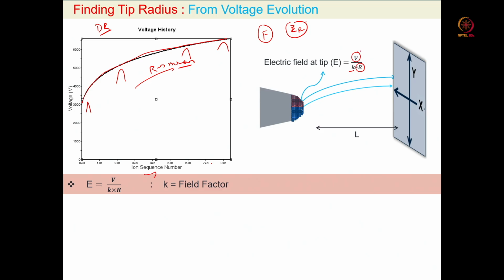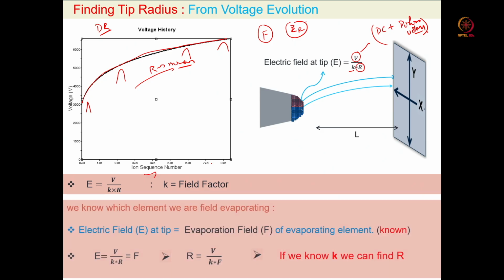Remember, for HV pulsing, the voltage is the DC voltage plus the applied pulsed voltage. This is how we can calculate the radius of curvature if we know the field factor.